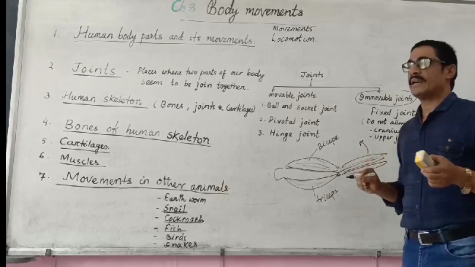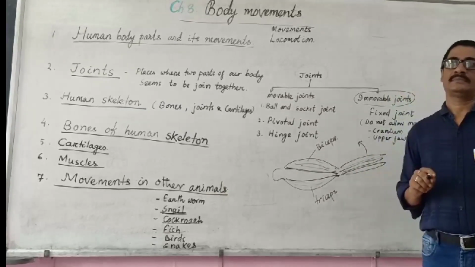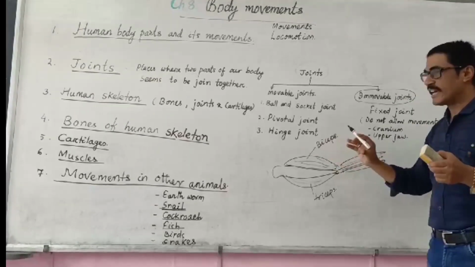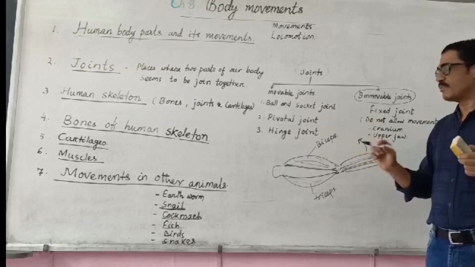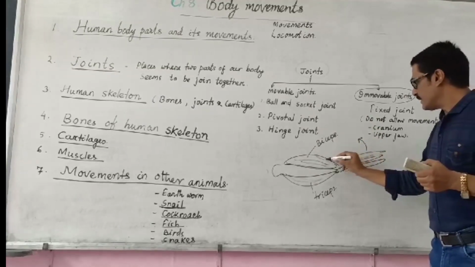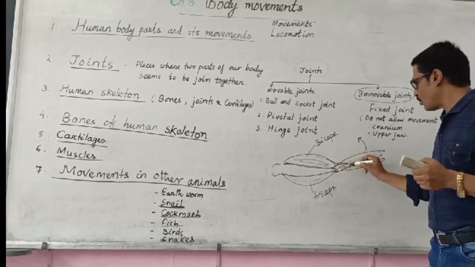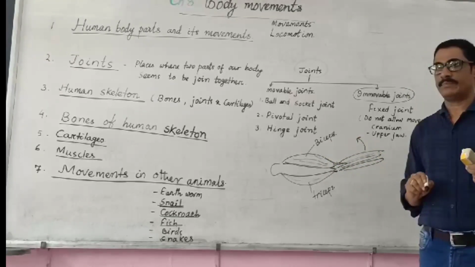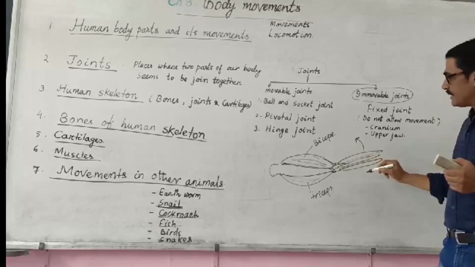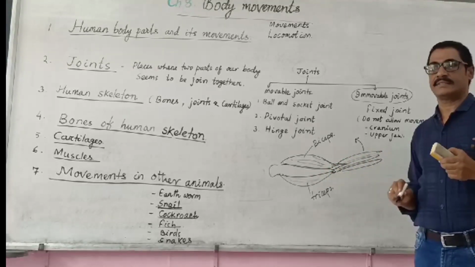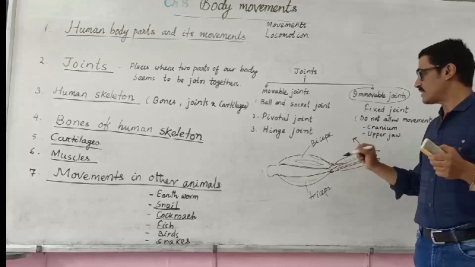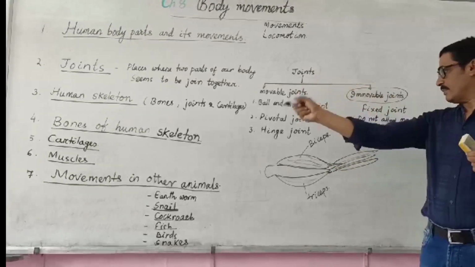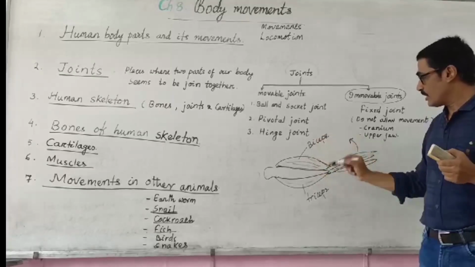The muscle has the property to contract. When it is contracted, it becomes shorter and stiffer. This muscle attached to the bones pulls them when you bend your arm. At the same time, the triceps relaxes. It never pushes the bones. So when you extend your arm, this type of phenomenon takes place.